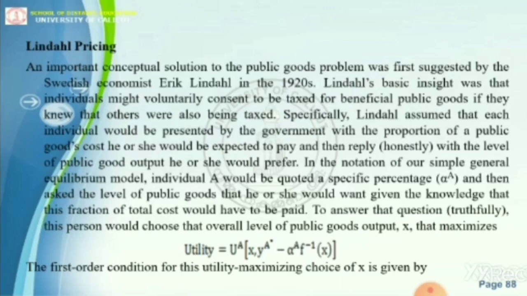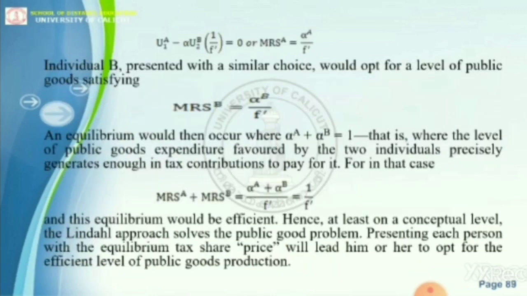So the first order condition for this utility maximizing choice of X is given by U1^A minus alpha^A U2^A times 1 over f' is equal to 0. What it means is that MRS of A is equal to alpha A divided by f'. That is, individual B presented with a similar choice would opt for a level of public good satisfying MRS of B is equal to alpha B divided by f'.